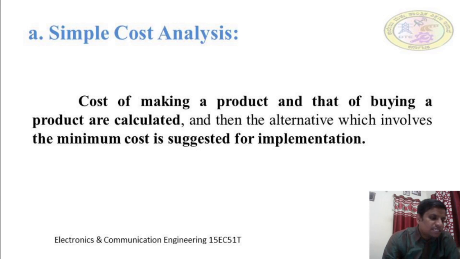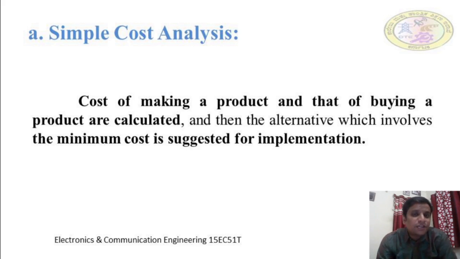In simple cost analysis, the cost of making a product and that of buying a product are calculated. What type of cost will be involved while manufacturing a product, and if you buy the same product, how much cost will be involved while purchasing from another company or industry.